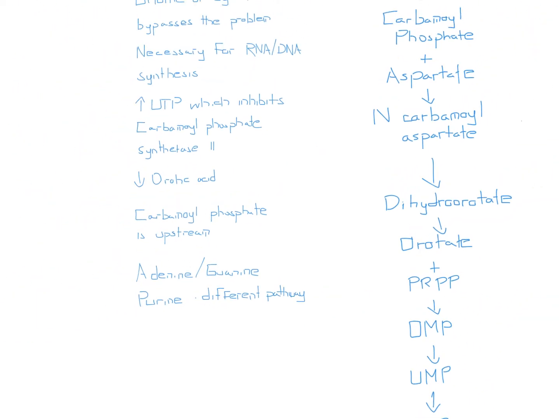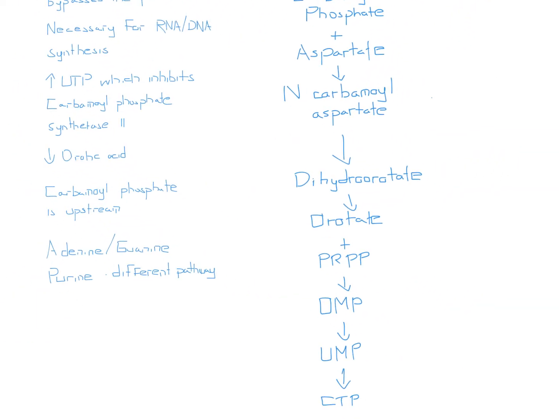So once again, the problem here is we have too much of this, right? We have too much uric acid, and so we're giving uridine, so it's essentially going to bypass. If you have a traffic jam here, you're essentially creating a diversion by just going straight over here. And so that way you can bypass the problem.